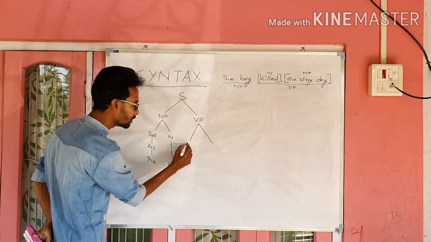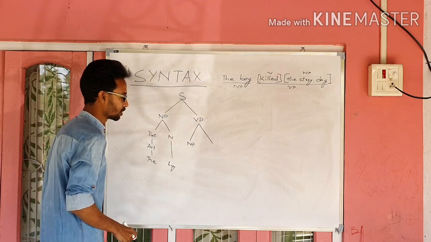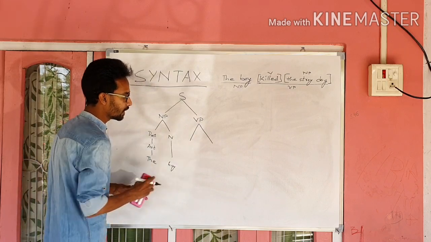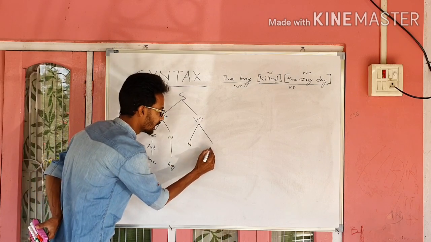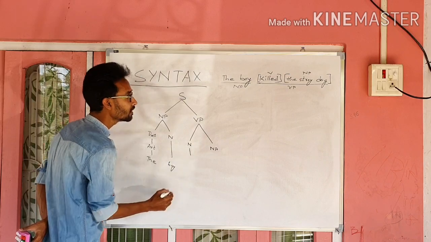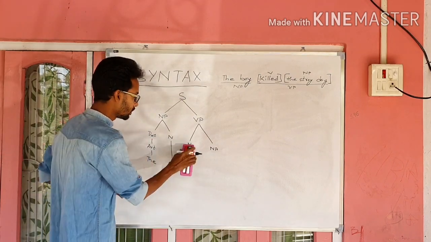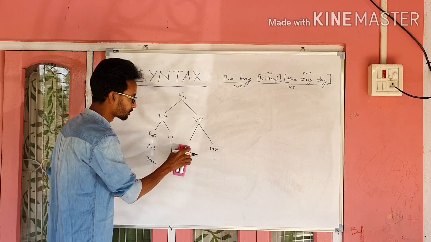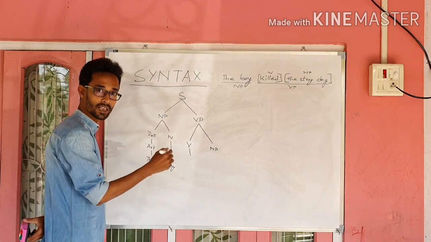So we can divide the VP into a V and a NP.